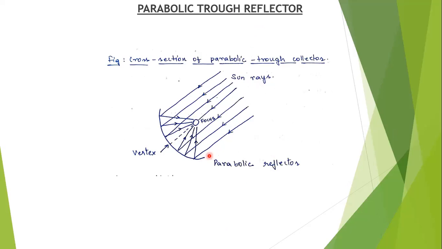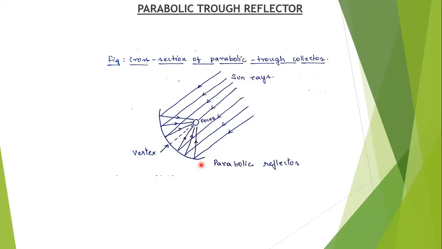If you turn this in the north-south direction, the north end of the trough is raised. This is the north side, this is the west side.